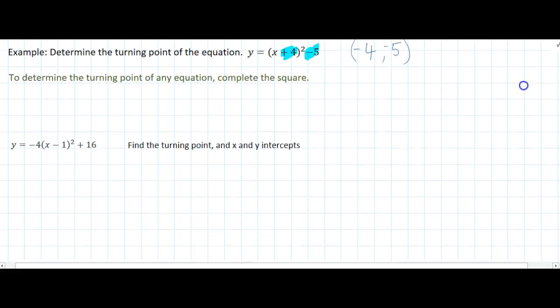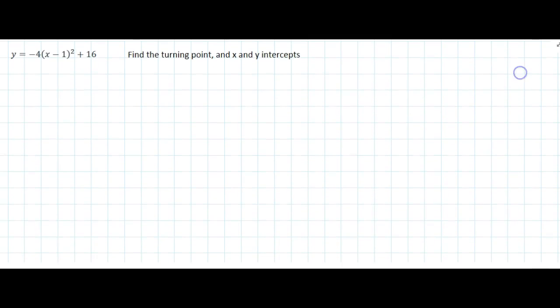Alright, an example from the book. The question is, find the turning point and the x and y intercepts. Let's start with the easiest thing, because the square's already been completed, so we can directly read off the turning point. I write TP for turning point.